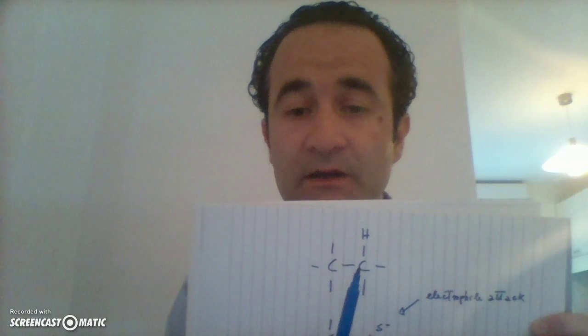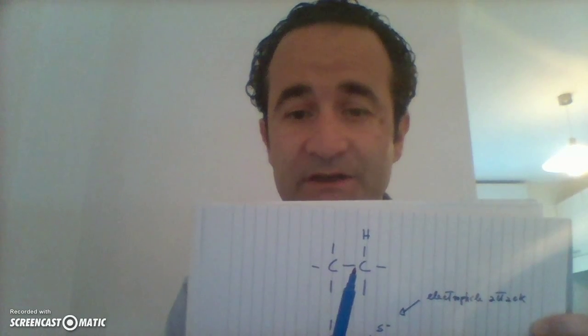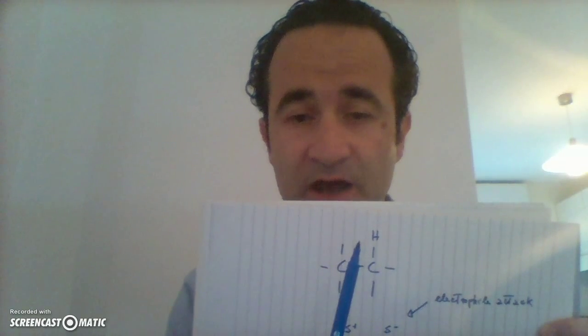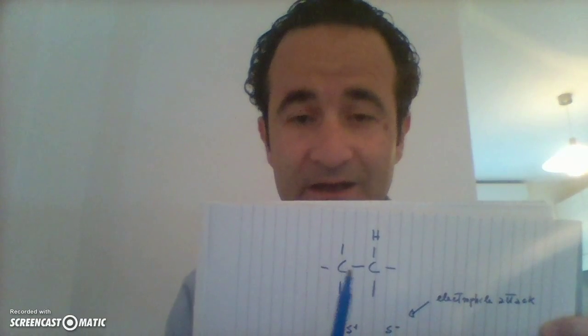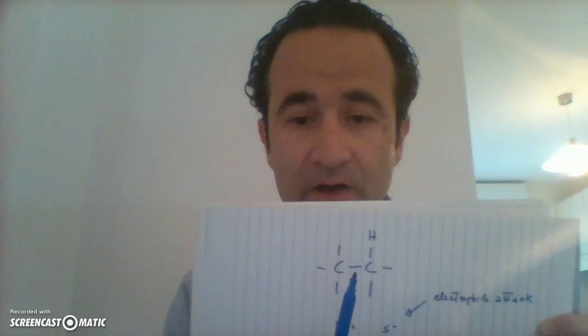There is no big electronegativity difference between the carbon and the hydrogen atoms. Therefore, there is no polarity in an alkane. There is no difference of charge between the carbon and the hydrogen, which means that the alkanes are not really chemically reactive towards electrophilic or nucleophilic reactions.